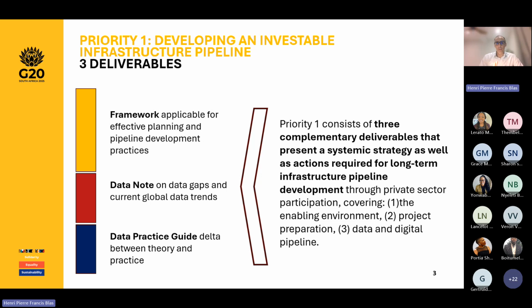And as Bato was saying, we have also tried to focus on data as one of the subtopics. To do this, we split the data topic into two. One is market data, which we're going to cover today, and the other part is project data, looking at project level data, something that's also very critical.